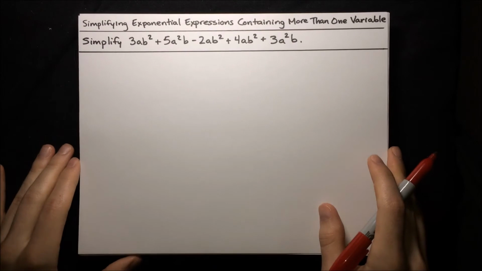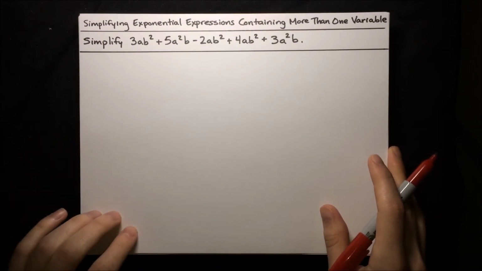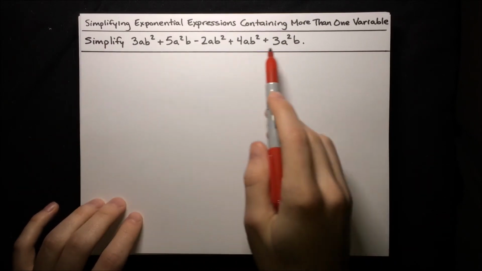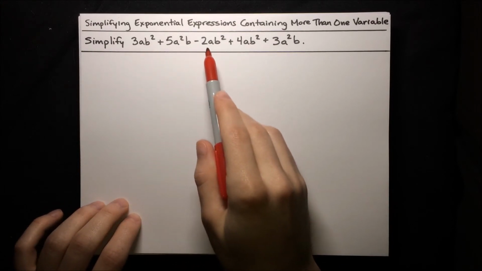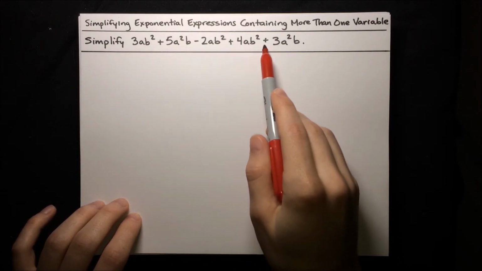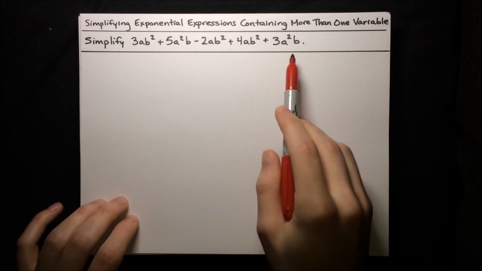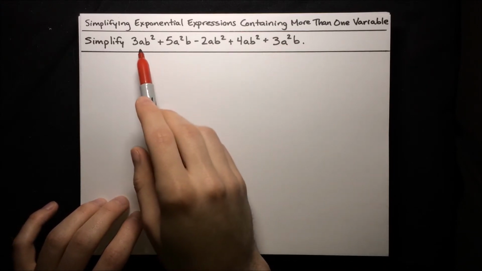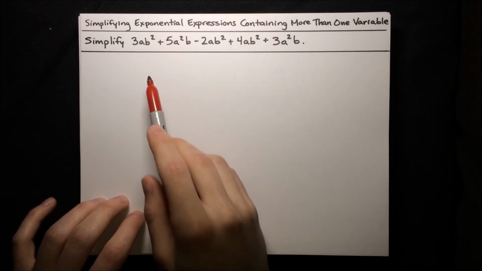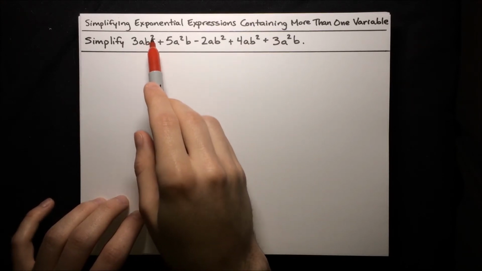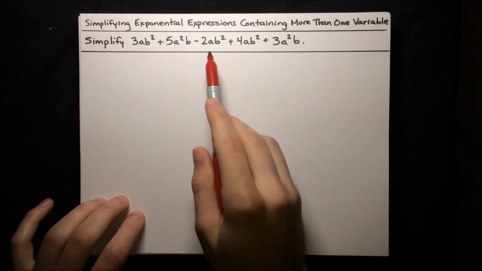Alright, here's an example which is a little bit more tricky. We want to simplify this bigger expression here, 3ab squared plus 5a squared b minus 2ab squared plus 4ab squared plus 3a squared b. Okay, so what we want to do here to start off is underline all the like terms. And we notice that there are some ab squared terms and some a squared b terms.